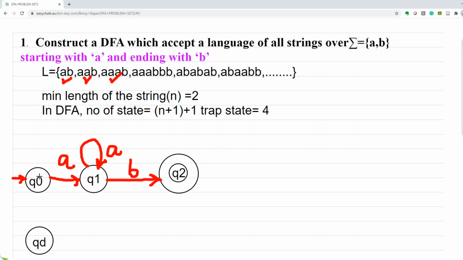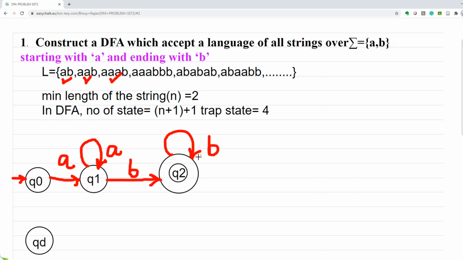Here Q0 to Q1 on A, Q1 to Q1 on A, Q1 to Q1 on A. I'm still in the Q1 state, and Q1 to B, one occurrence of B is satisfied. What about the other two occurrences of B? In order to make that happen, I should use a self loop on state Q2 with the input symbol B.